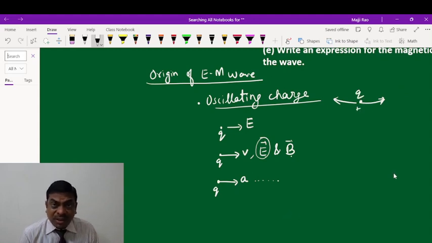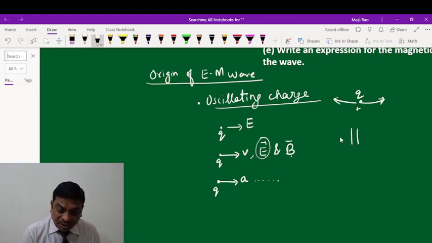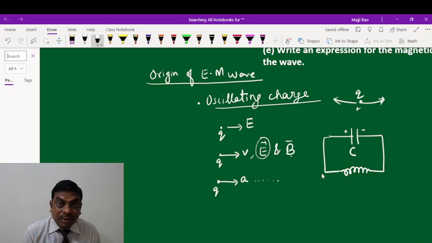The other way of generating electromagnetic waves is this. You can have a capacitor and an inductor, with a charged capacitor. As soon as the key is switched on, you can see the charge on the capacitor will start oscillating.